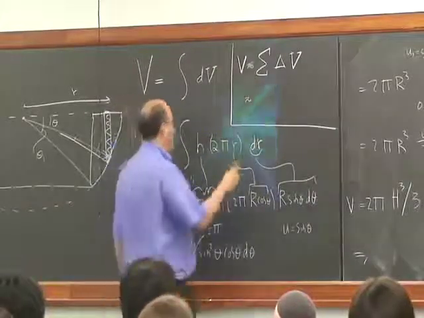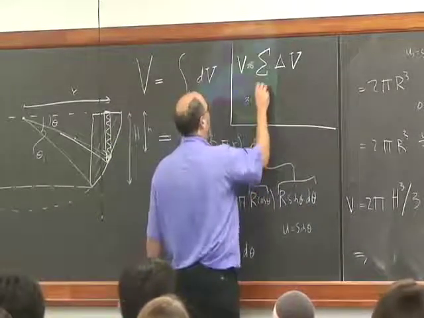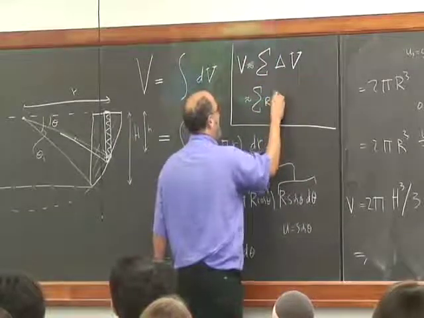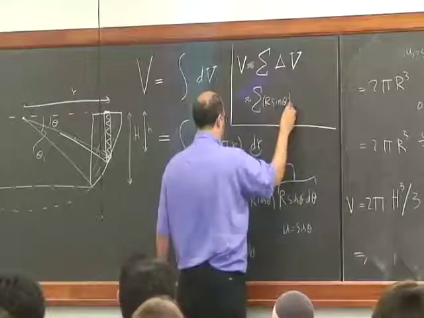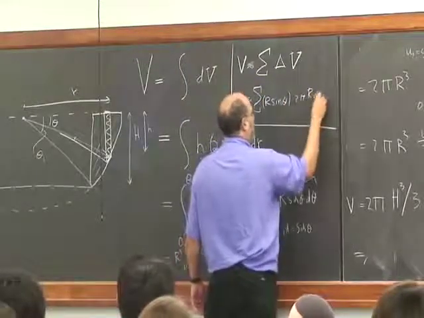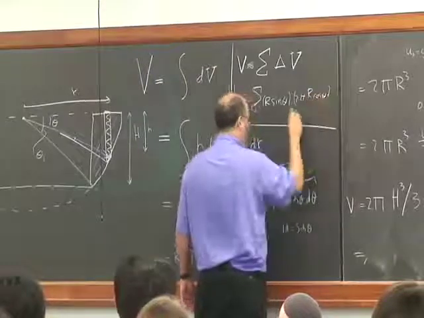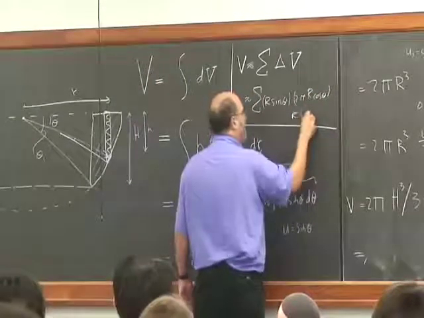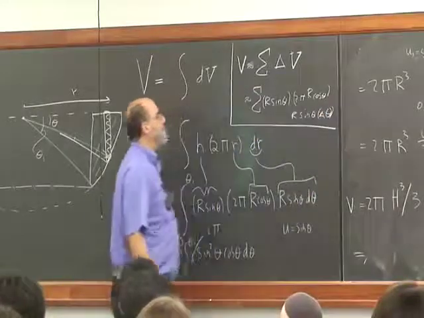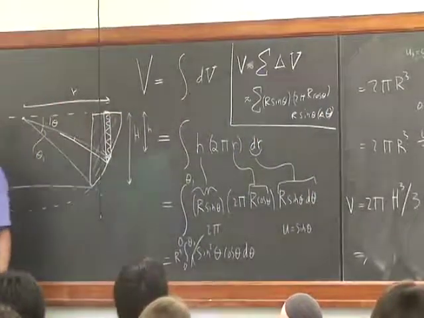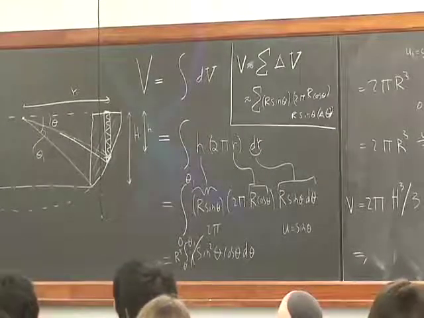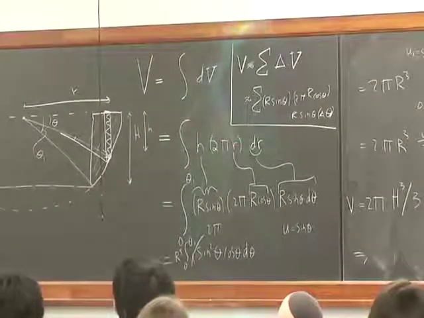And in particular, each of the cylinders has approximately the value of r sine theta multiplied by 2 pi r cosine theta multiplied by r sine theta delta theta. It's the thickness of the cylinder, the height of the cylinder, and the circumference of the cylinder.